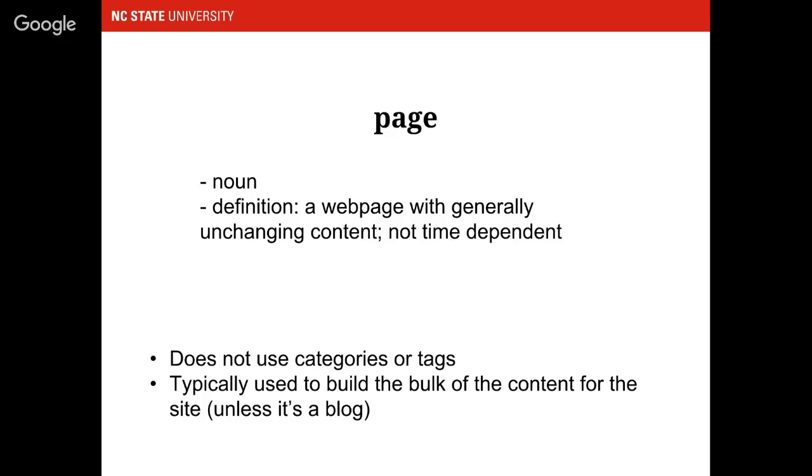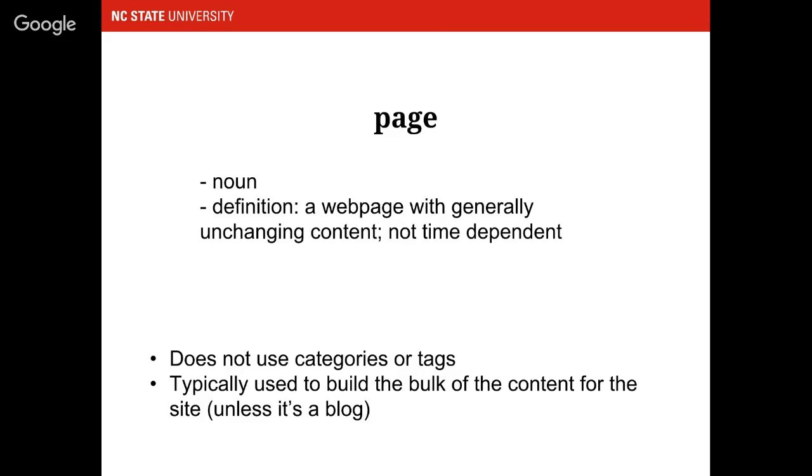So content that doesn't change on a day-to-day basis, and when it does change, it's not very important that you save all the past versions and make those available to people, because nobody really cares who the editor was 15 years ago. They're more interested in who the editor is now.